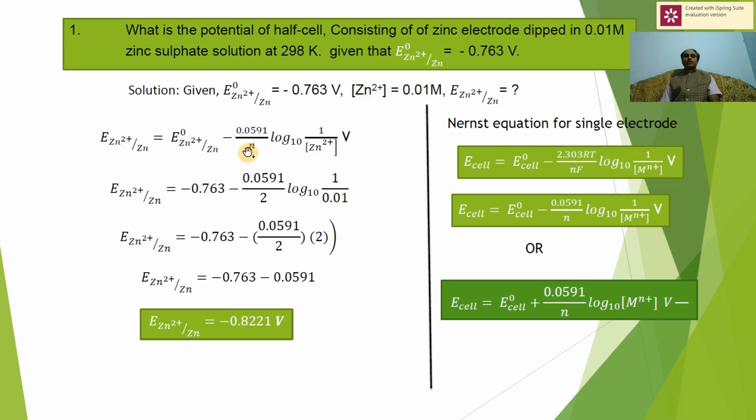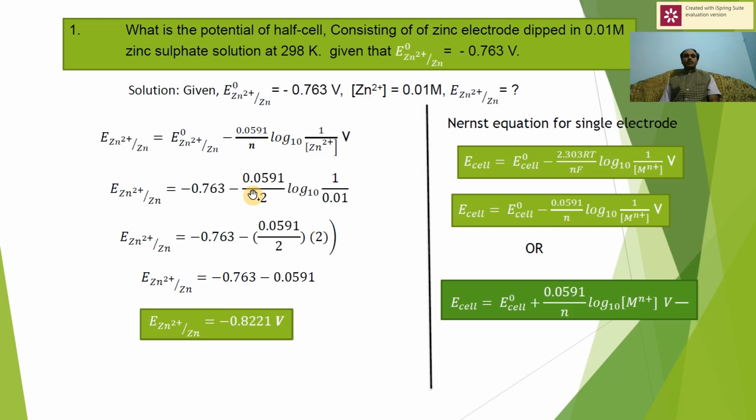And what is not known here? n, that is the number of electrons being transferred during the course of the half cell reaction. In the standard reduction potential value itself it is given Zn2+. It means that there is involvement of 2 electron transfer during the course of the cell reaction, so n is equal to 2 you can take.